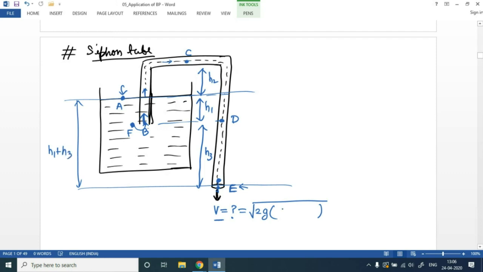This is h1 and this is h3. So the velocity of efflux is going to be root 2g(h1 plus h3).